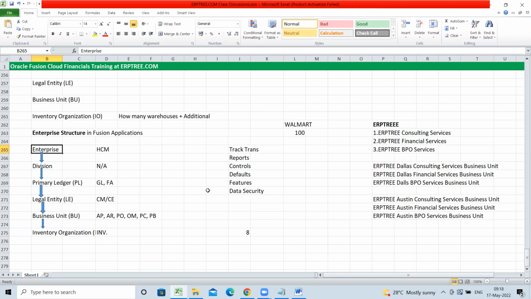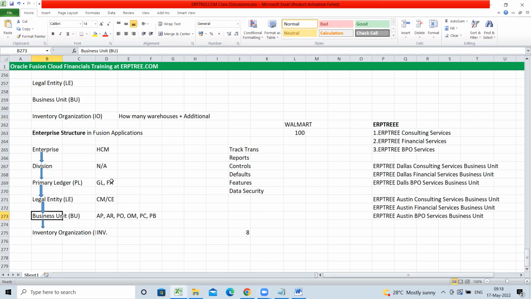Say in fixed assets, what we do is create assets. How do we record the transactions in these applications? By selecting a business unit. In AP, if you are going to create an invoice, we have to select a business unit, and with the help of your primary ledger, you create the transactions.